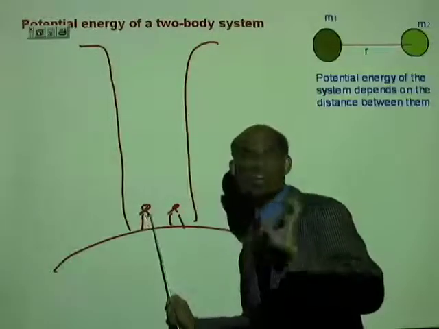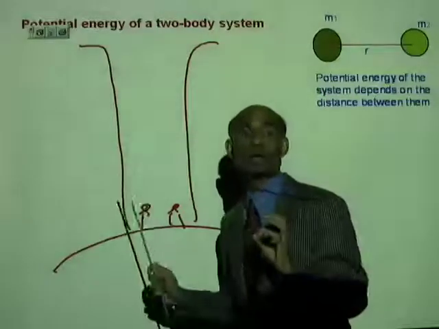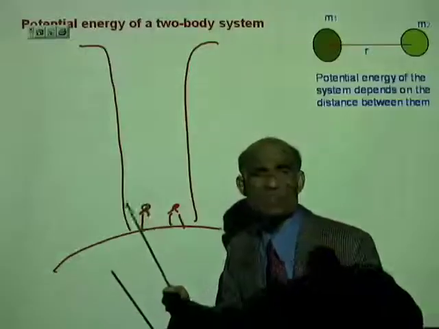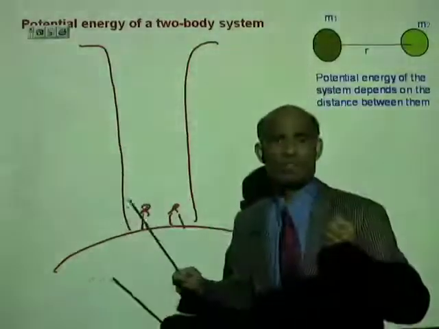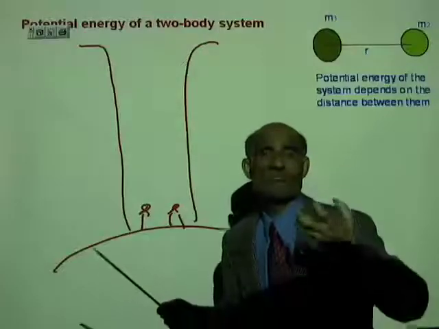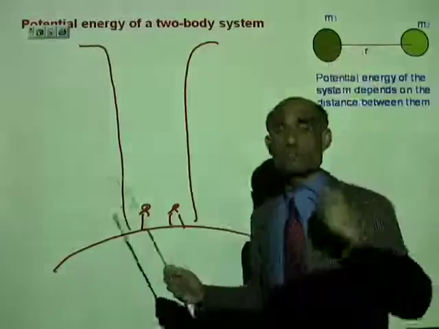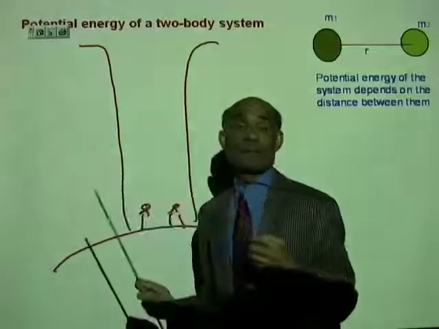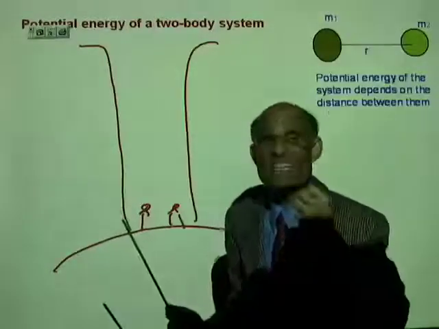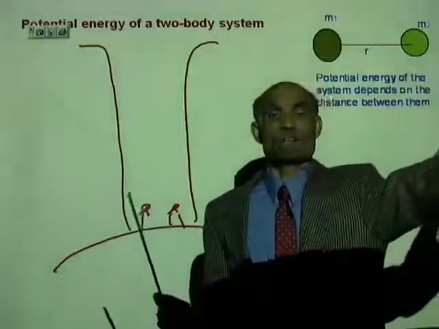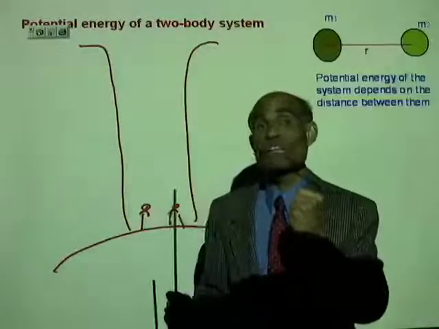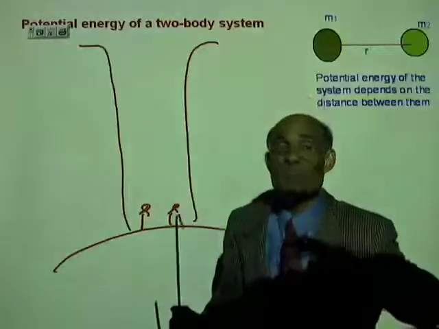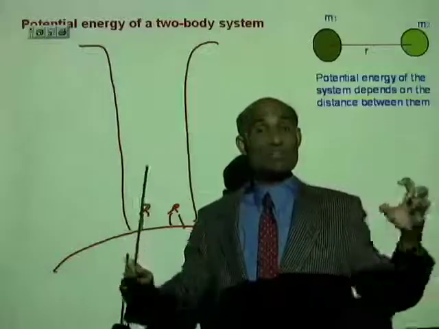Now, we will be looking at a concept in this lesson. If I want to jump out of this well, what must be the velocity of my jump? What must be the velocity with which I jump so that I can get out of this well? That velocity is called the escape velocity. In other words, the velocity needed to escape the Earth's gravitational field.